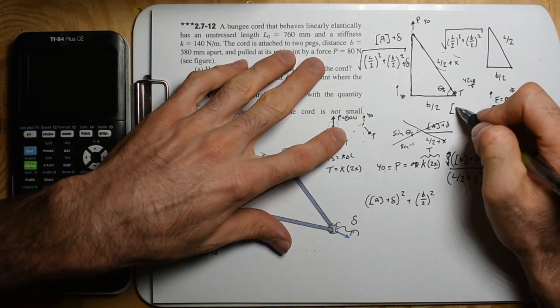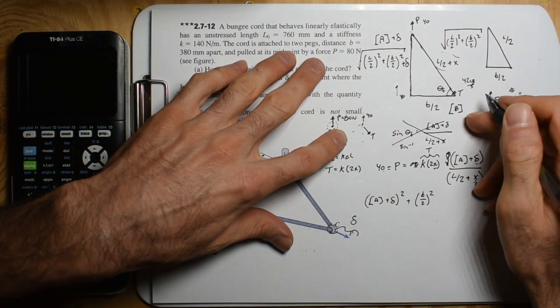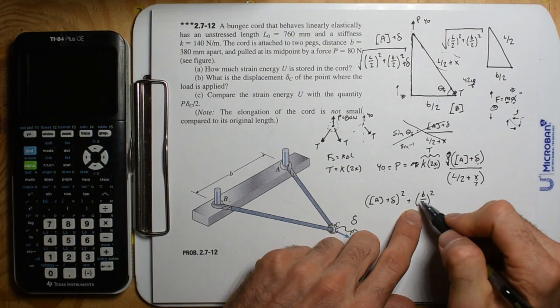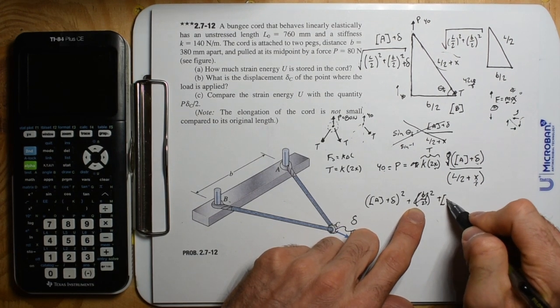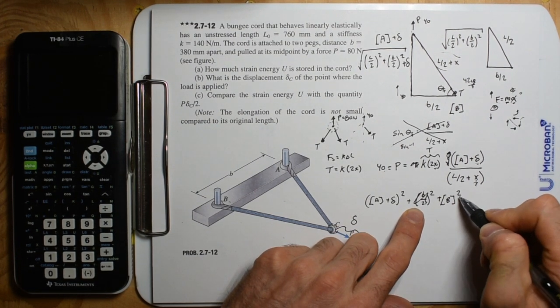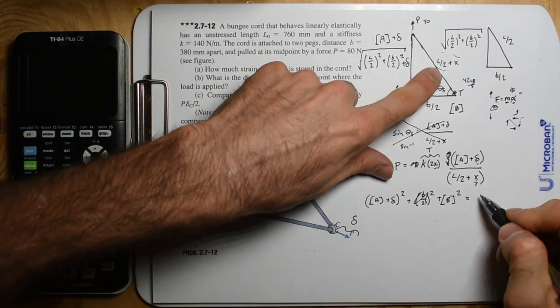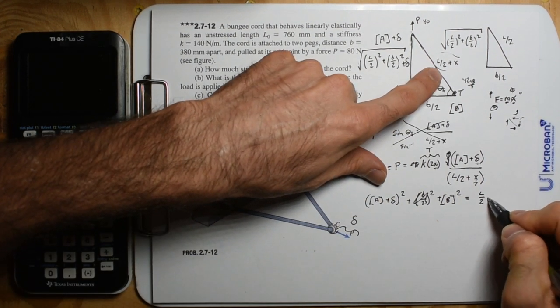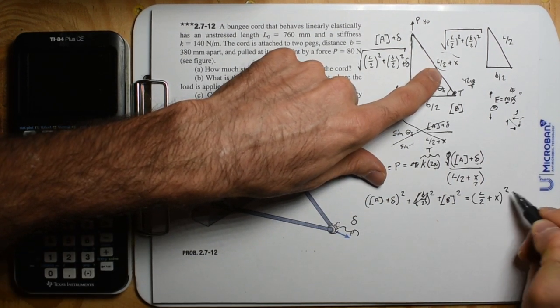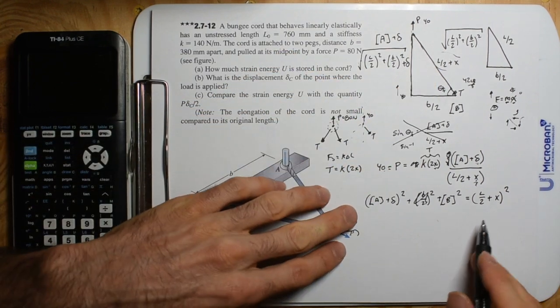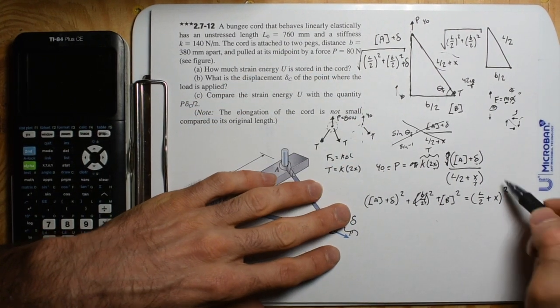It's going to make my life easier. I'm just going to call that b. So let's do that right now. Plus b squared is equal to L over 2 plus x squared. Well, and to save space, I do this all the time.